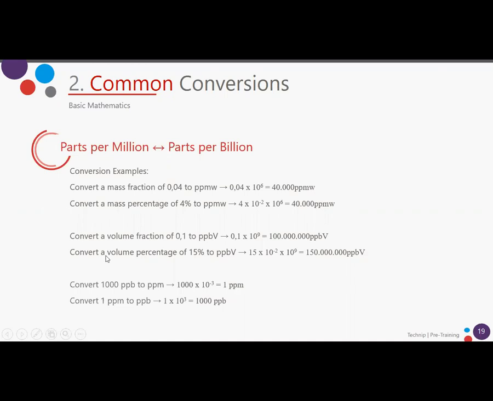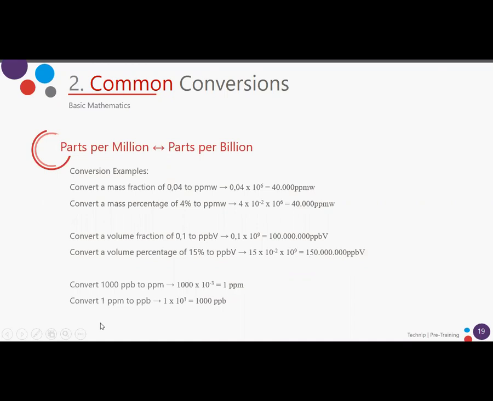Now I am given a volume percentage of 15%, and I also want to know how many ppb volume I have. So I multiply my 15% with 10 to the power of minus 2, and then again with 10 to the power of 9, and I will have at the end 150 million ppb volume.